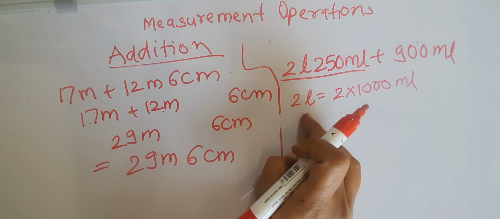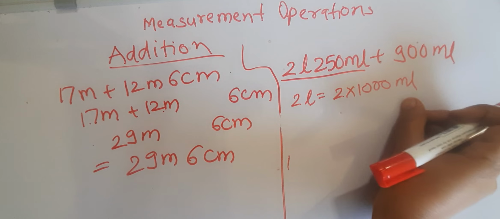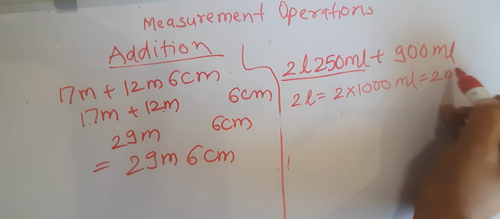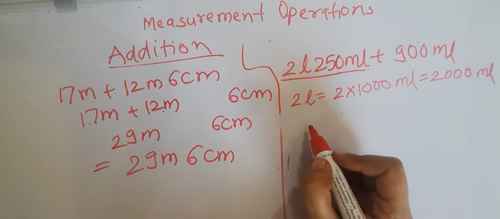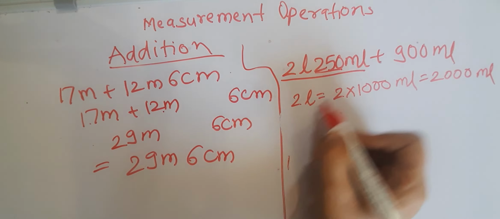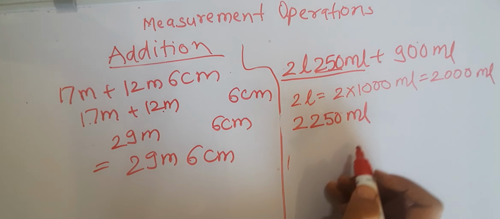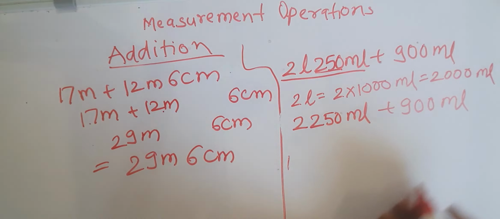If we are going from liter to milliliter, from a larger unit to a smaller unit, we perform multiplication, by 1000. So that gives us 2000 milliliter here, plus this 250 milliliter, so that will be 2250 milliliter, and plus 900 milliliter.